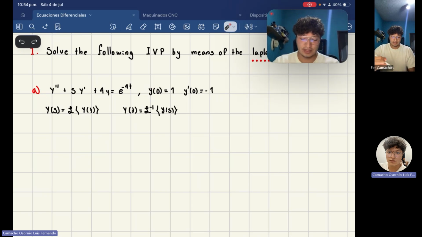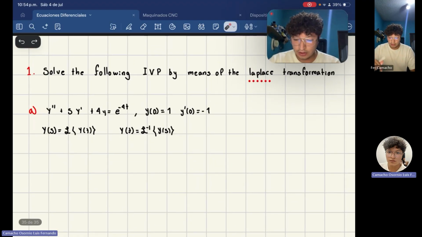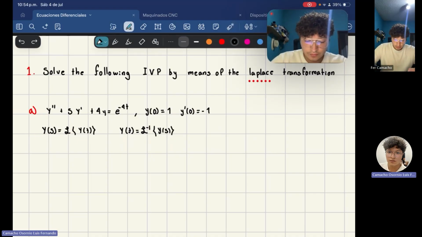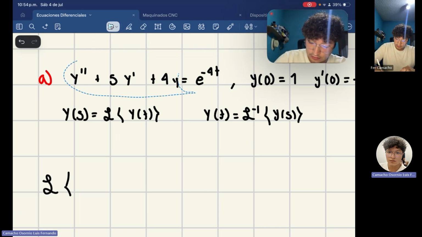Well, in this case we have to remember that Y(s) is equal to the Laplace transformation of y(t), and y(t) is the inverse Laplace transformation of Y(s). So first we have to apply this. Let's do it. We have to apply it on both sides.